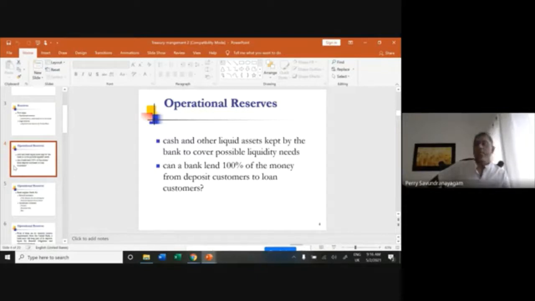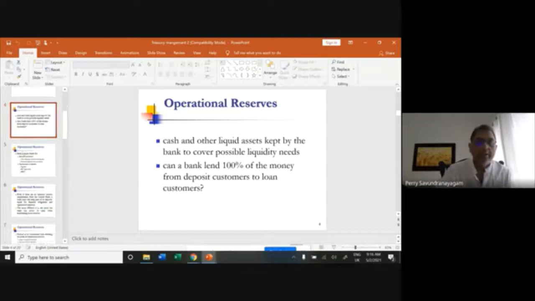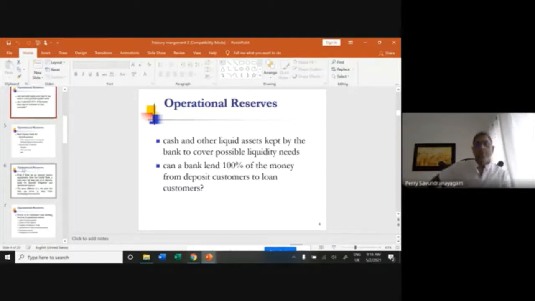So in other words, cash flow. You might have a reserve requirement of 2%, but you might realize, no, I need to keep another 1 or 2% aside to meet my obligations that are coming up in the next few weeks, months, whatever you might say. So you might decide to keep more than the 2% to meet those requirements.